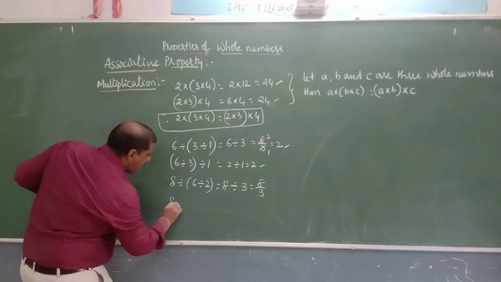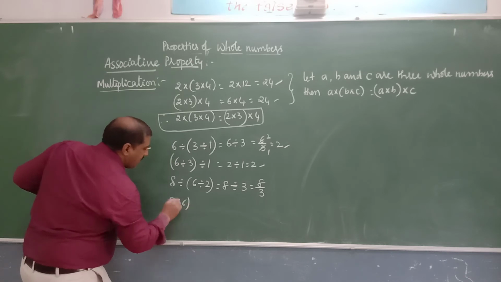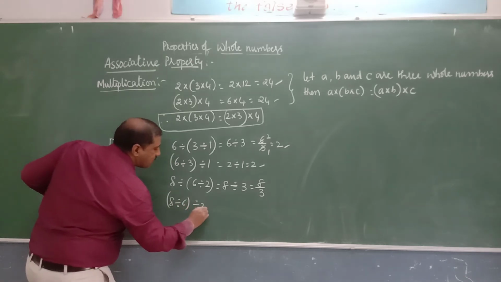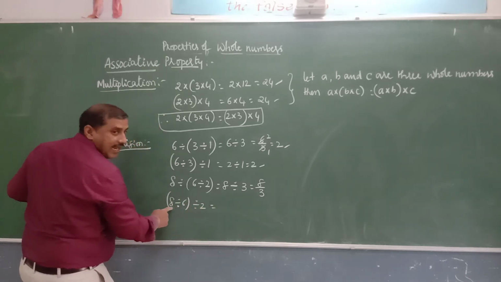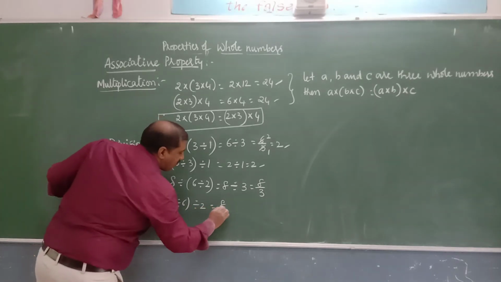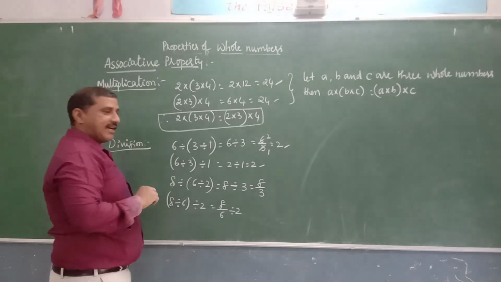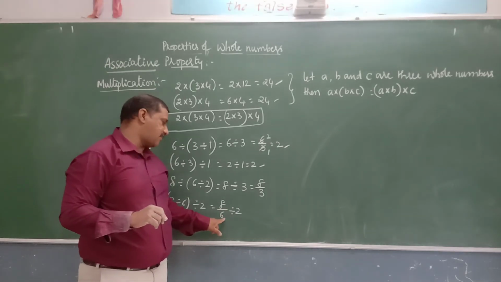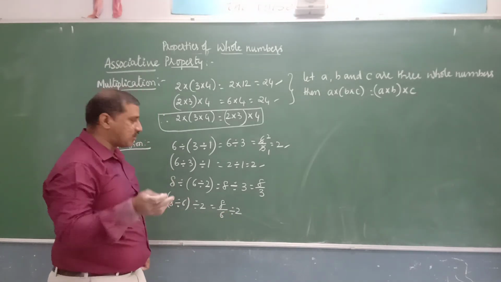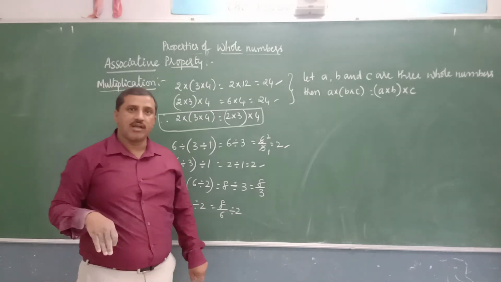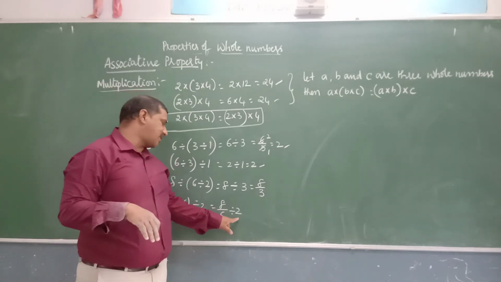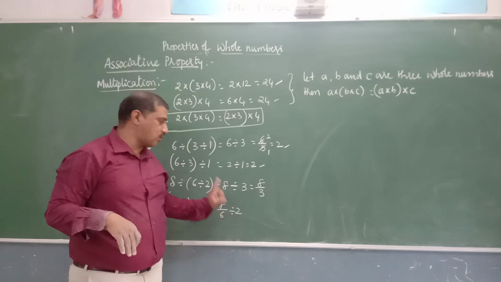Similarly, (8 divided by 6) divided by 2. First we divide 8 by 6, we get 8 by 6 divided by 2. Now we are dividing a fraction by a number, 2. How will we divide? Use the reciprocal of 2. What is the reciprocal of 2? It is 1 by 2.